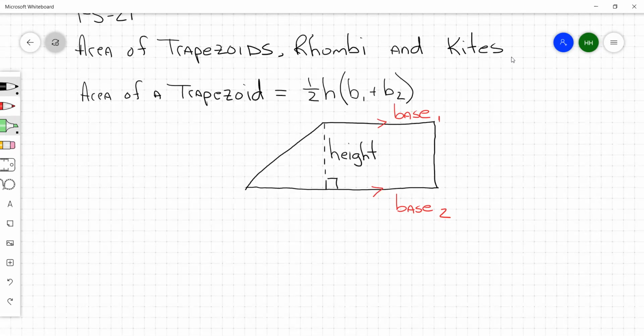If you got a 28 up here and the bottom's 38 and your height is 10, in its simplest form, your area is equal to 1/2 times 10 times base 1, which is 28, plus 38.